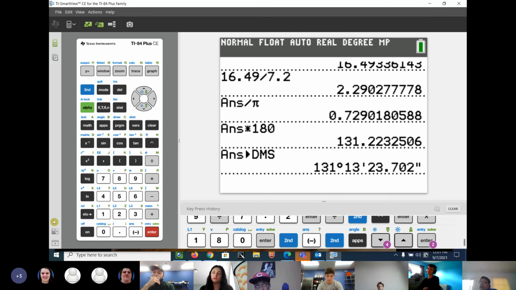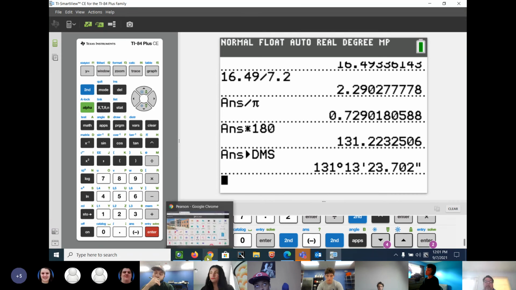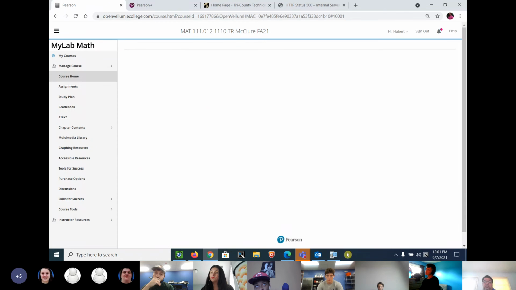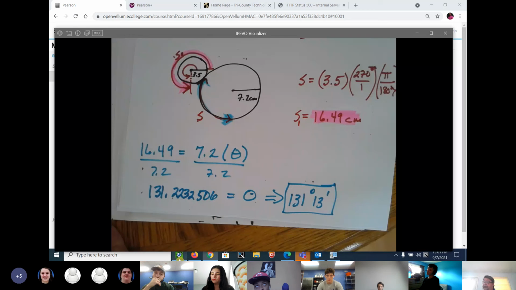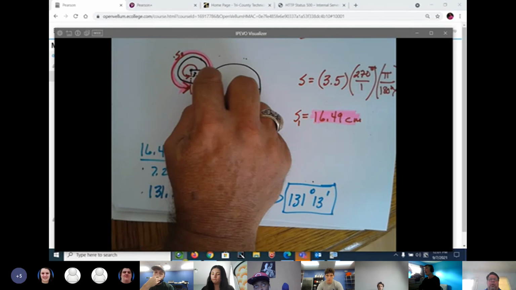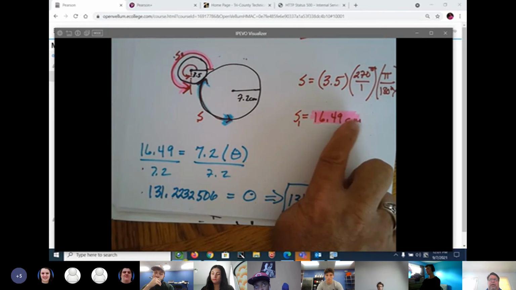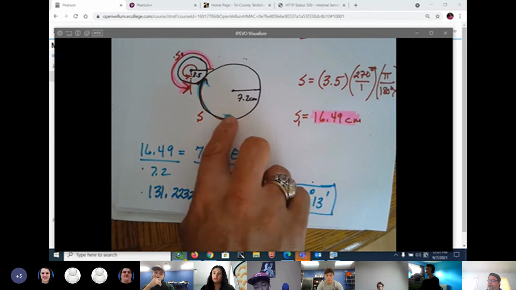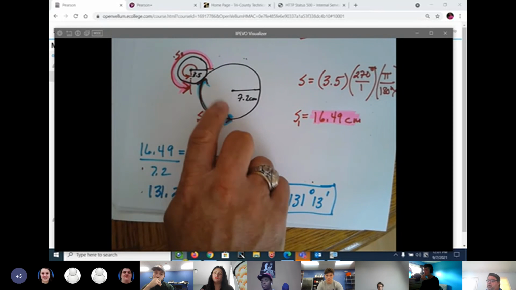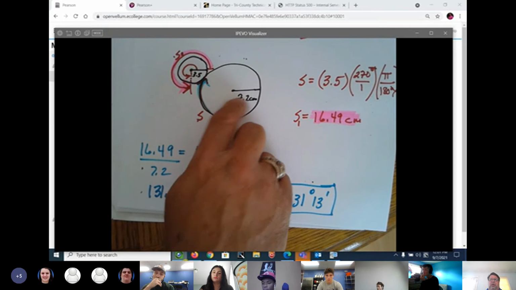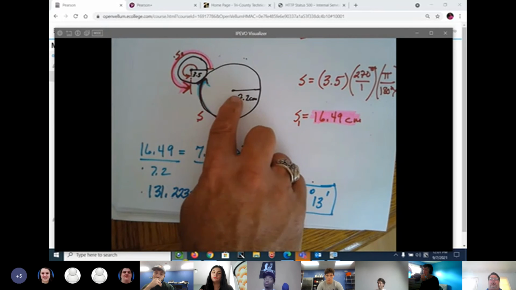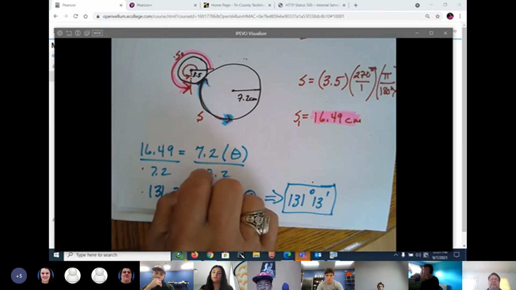Now I want to ask y'all a question. And this is nothing but mechanical, analytical, critical thinking. If this small gear moves 270 degrees and it moves S 16.49, if you move this 16.49, since it's a bigger gear, is it going to be more or less than 270?